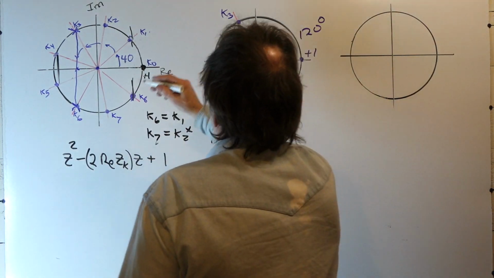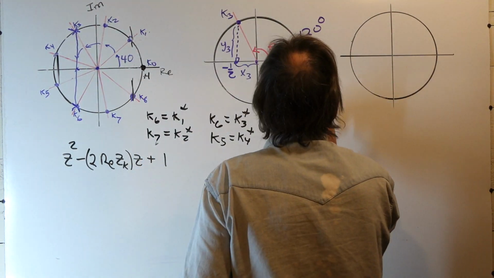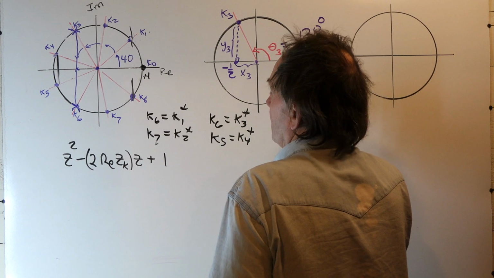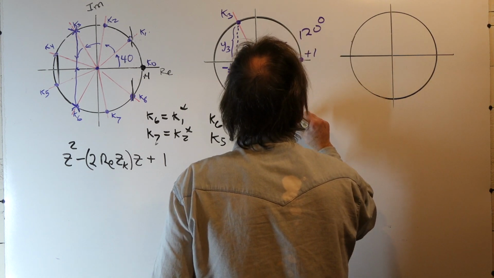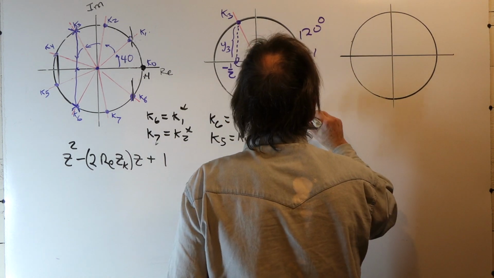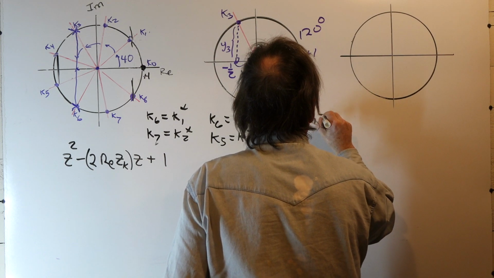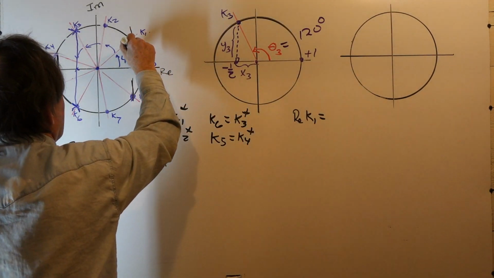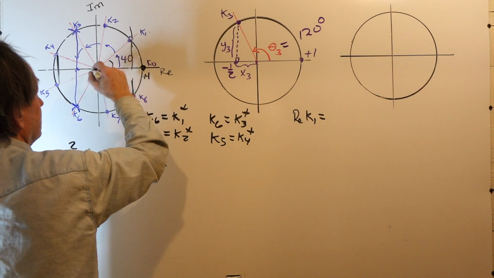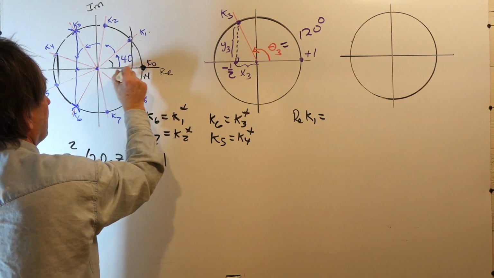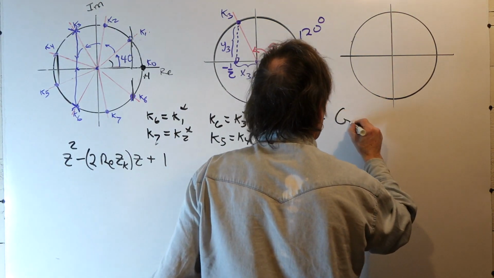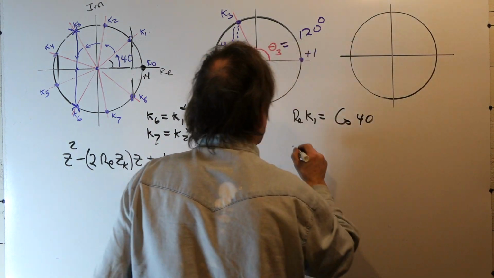So for example, the real part of K1 is just going to be the projection of its magnitude down onto the real axis, which is the cosine of 40 degrees.